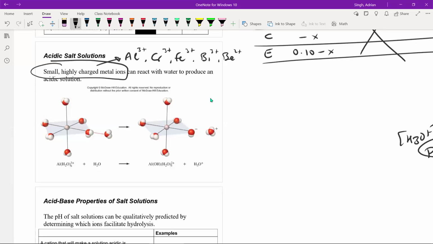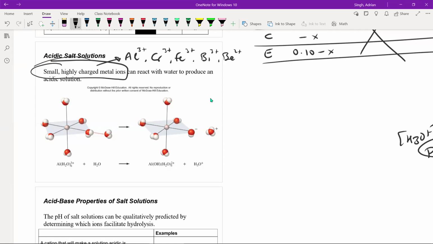So they're small ions with a high charge associated with them. What that does is it causes them to bond with water molecules, and it leads to an increase in the polarity of the OH bond in water, which gives the hydrogen atoms in the H2O a greater tendency to ionize than those in water molecules that are not associated with the highly charged metal ion.